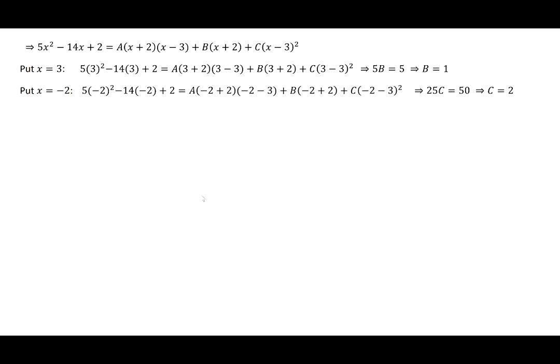Now, see, there's a little issue here. What are we going to do? What do we plug now? Well, the thing is, we can plug any number for x. So why don't we plug x equals 0? Would it cancel out all the other terms and leave us with just a?